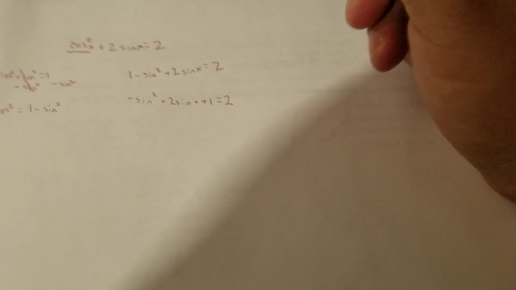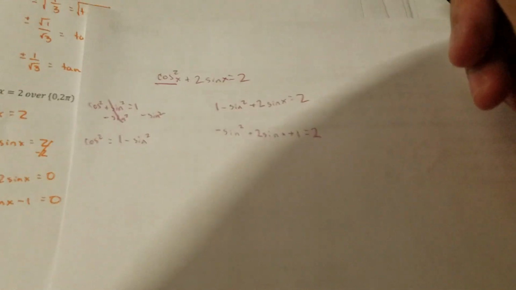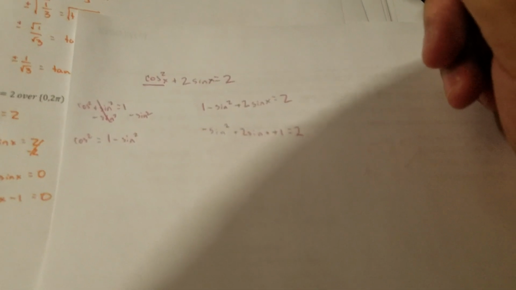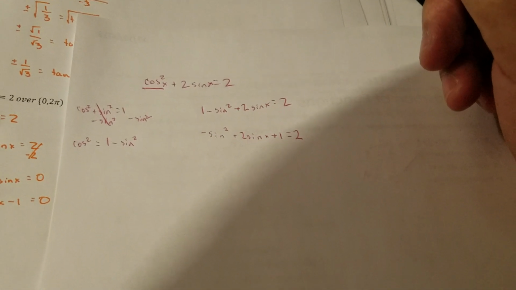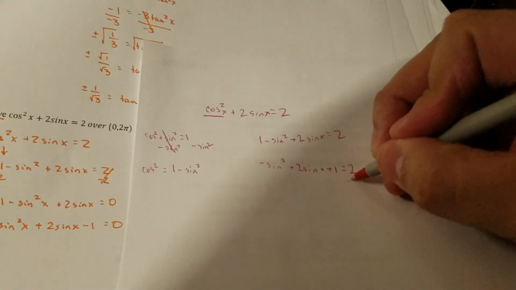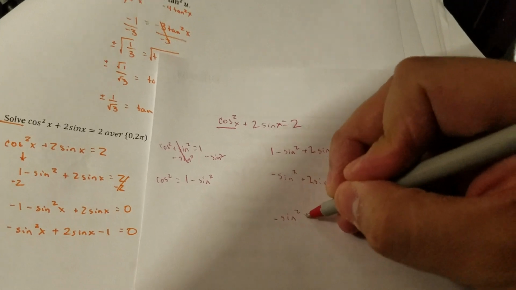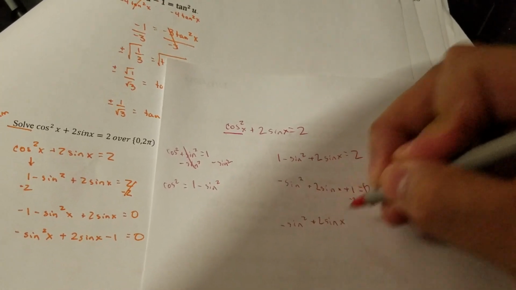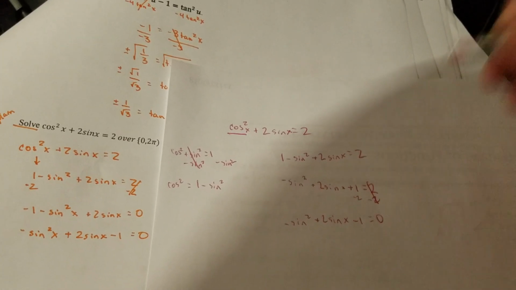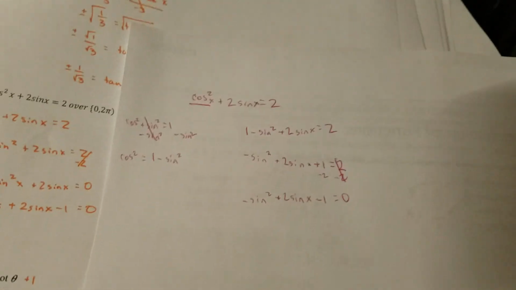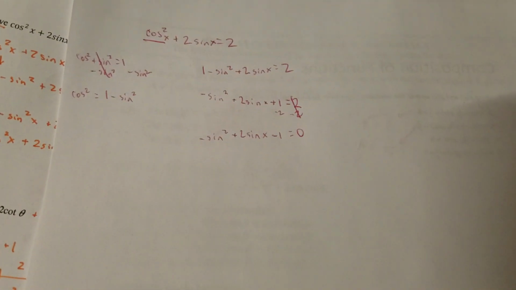So what I'm going to do here is subtract the 2. And I don't like having a negative in the front, but we'll go ahead and work with it this way.